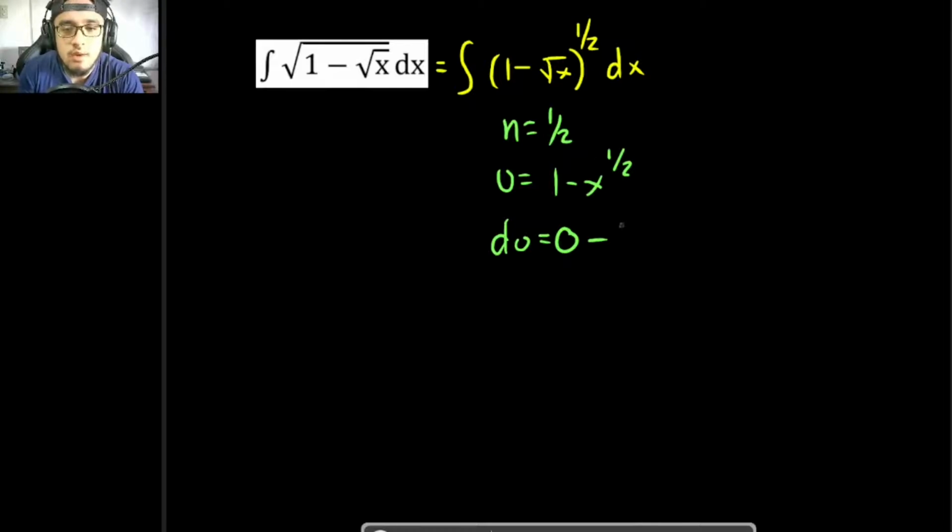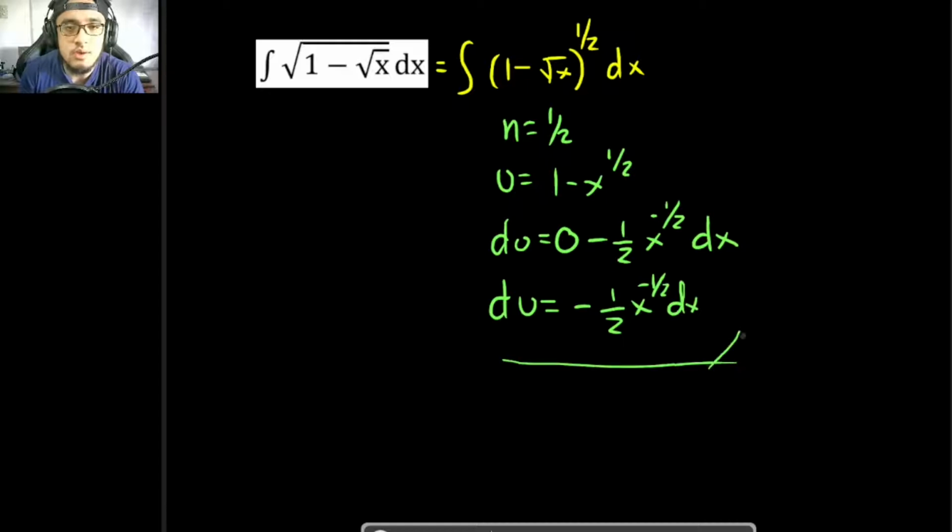So this is to be equal to 1/2 times x raised to 1/2 minus 1, which is actually negative 1/2, times dx. Simplifying this, your du is now equal to negative 1/2 times x raised to negative 1/2 times dx. And as you can see, this expression is not equal to this dx right here. Thus, we cannot use our power formula.